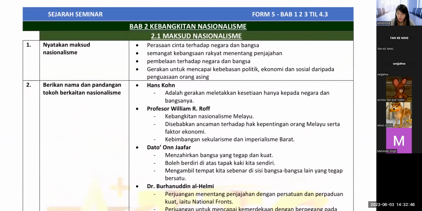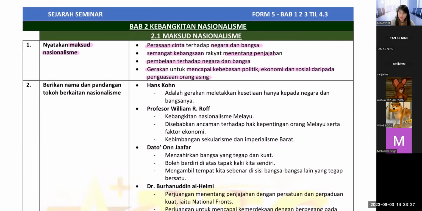All right. So accordingly, for example, if suddenly they come out with the soalan, maksud nasionalisme, then it is what? Perasaan cinta terhadap negara dan bangsa. And then other than that, also means semangat kebangsaan, menentang penjajah, dan pembelaan terhadap negara bangsa, and gerakan mencapai kebebasan politik, ekonomi, dan sosial daripada penguasaan orang asing.